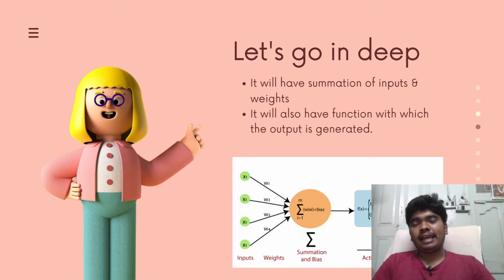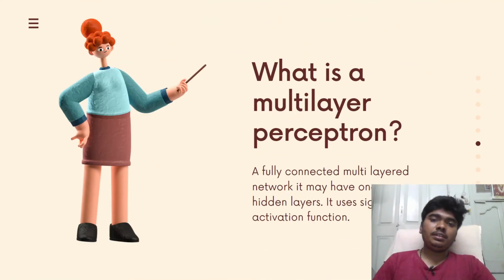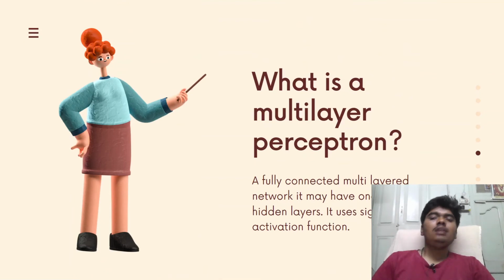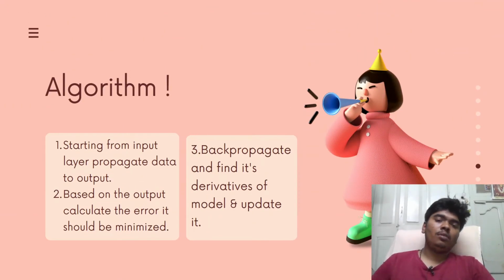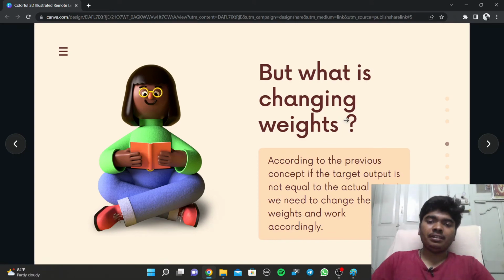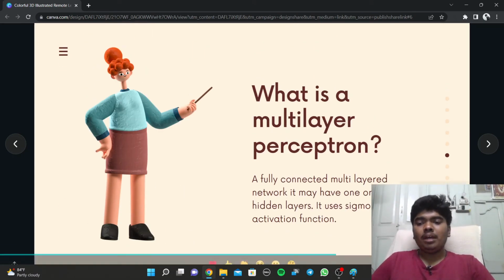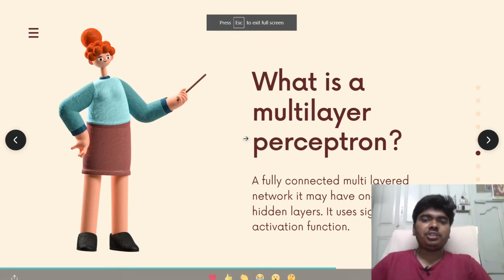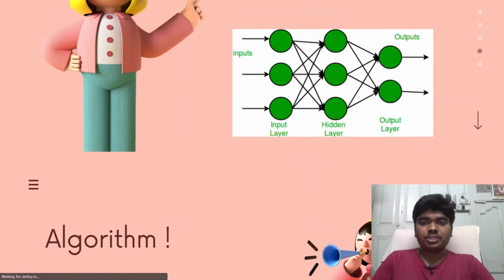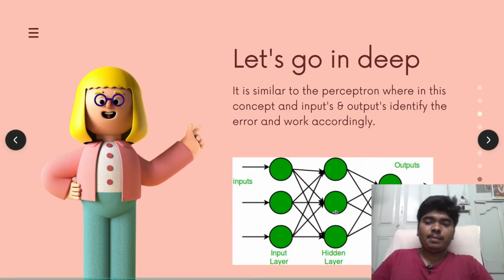If that error correction is done by the perceptron itself, then it is known as a multi-layer perceptron. It is a fully connected multi-layer network, and it may have one or more hidden layers. It uses the sigmoid activation function. So, what is a hidden layer? Before getting into the output, we have some activation function. As activation functions are there, here also there will be some hidden layers.